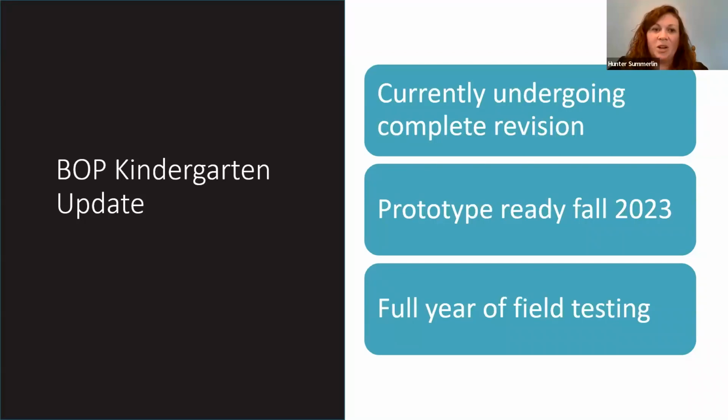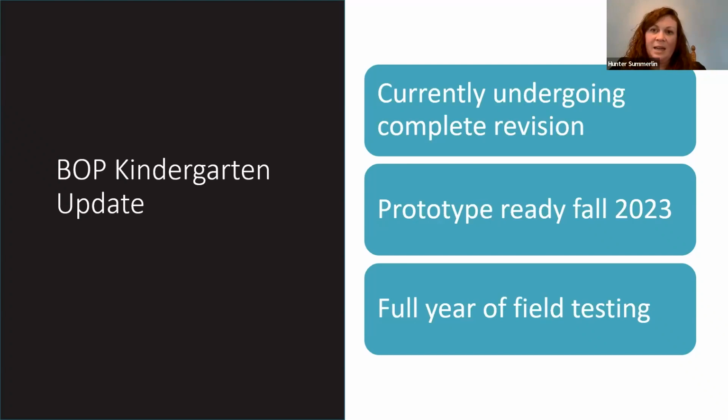Okay, so let's talk about the Bob Kindergarten update. Currently, it is undergoing a complete revision. The prototype is going to be ready in the fall of 2023, so that's a few months from now. And it's anticipated that it will be field tested for the duration of the 2023-2024 school year.